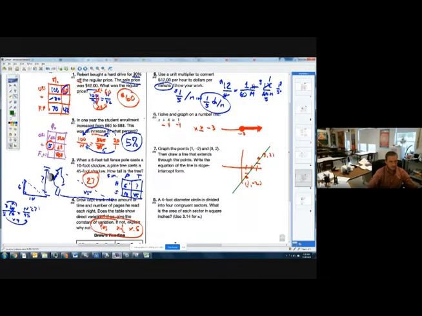So here's the deal. This is a tough one. First of all, we have to remember that slope-intercept form is y equals mx plus b, where the letter m is the slope of the line. And that's going to be pretty easy for us to figure out, because remember, slope is rise over run.